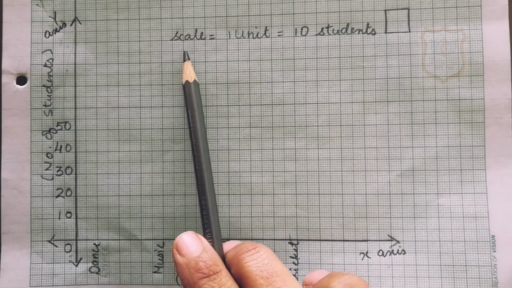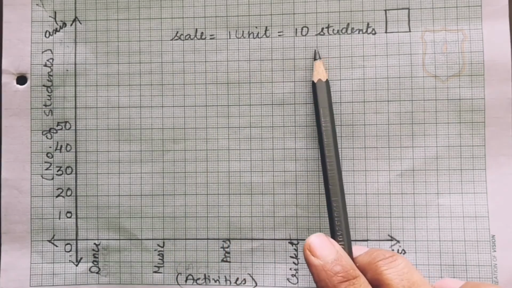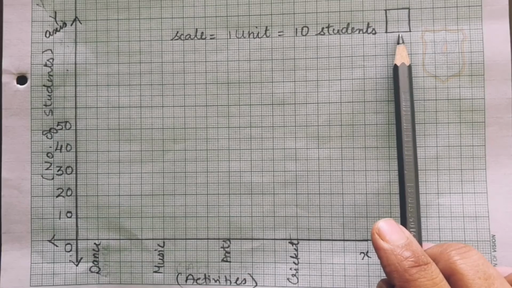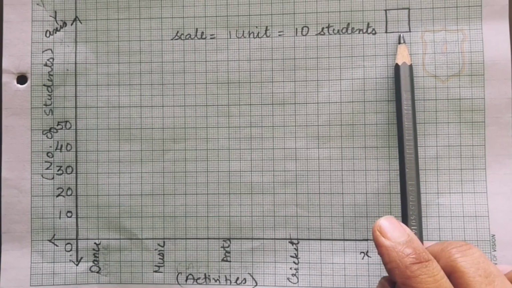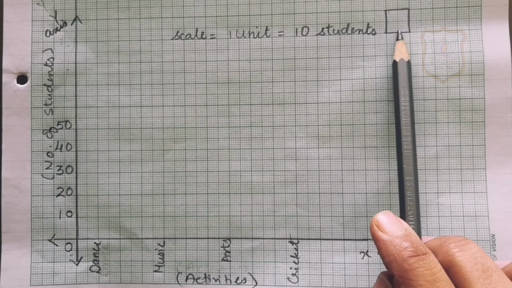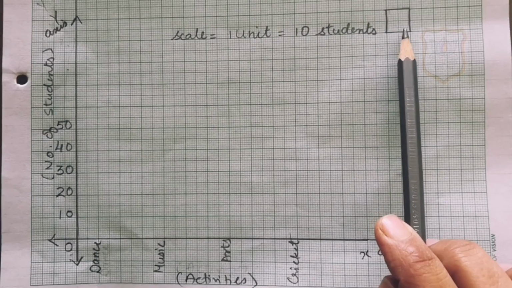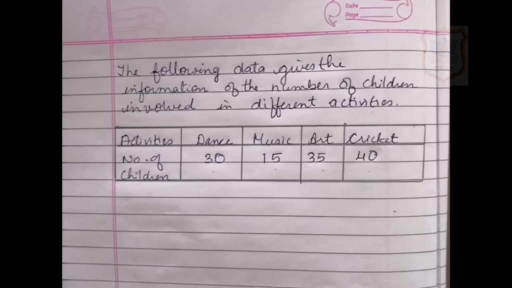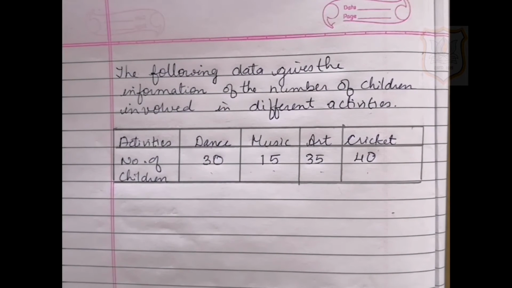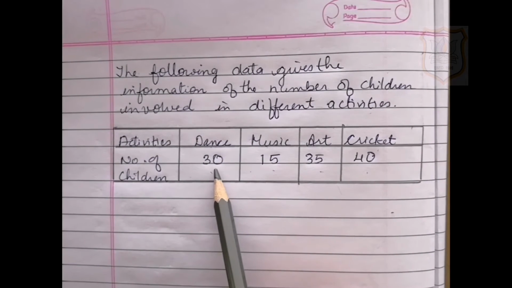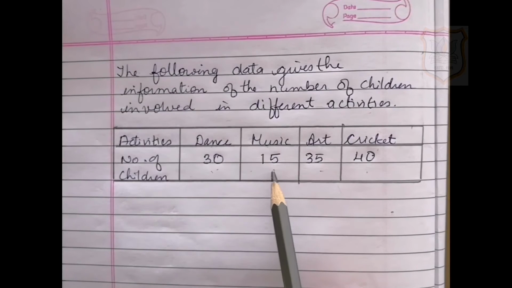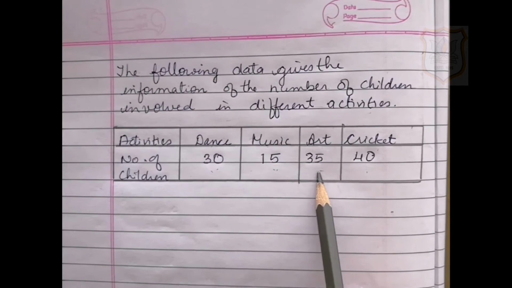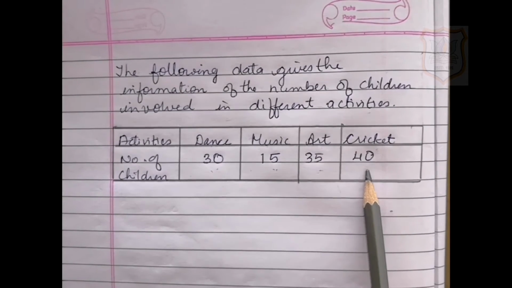Now we will take the scale as 1 unit equals 10 students. Students, in the bar graph you will see these types of squares drawn, and this one square is 1 unit and this 1 unit will represent 10 students. In the question you can see that 30 students like dance, 15 students like music, 35 students like art and 40 students like cricket.